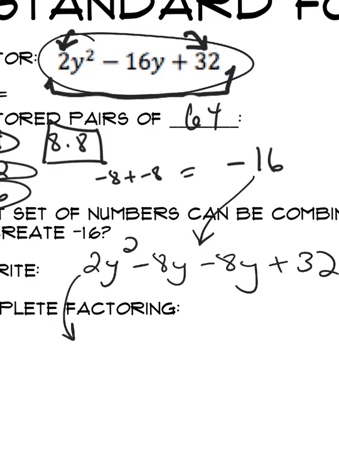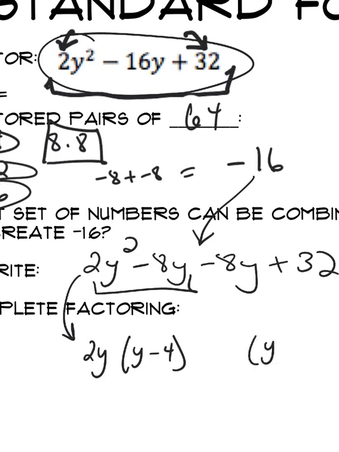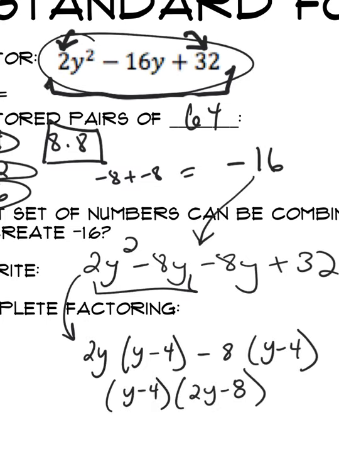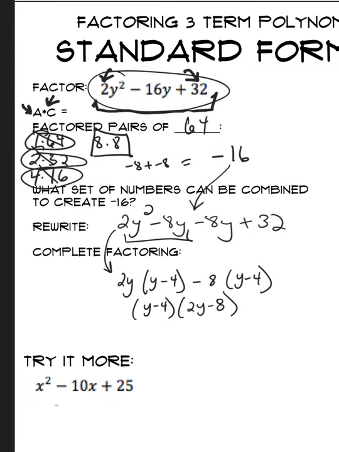The beginning two terms, I can factor out a 2y. In the middle is y minus 4. I know now I need a y minus 4 back here. So if I were to multiply them by -8, that would give me -8y plus 32. So y minus 4 gets pulled out and 2y minus 8 stays in. Pretty cool.